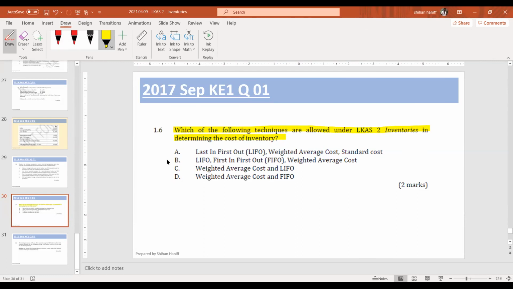It is very simple. D. So we discussed two costing methods: weighted average cost and first in first out. So LIFO won't count. Last in first out won't count. Very good.